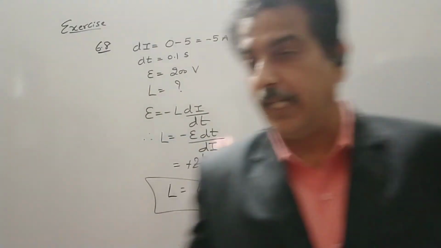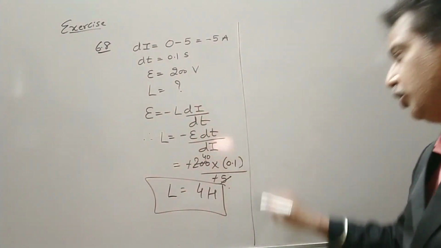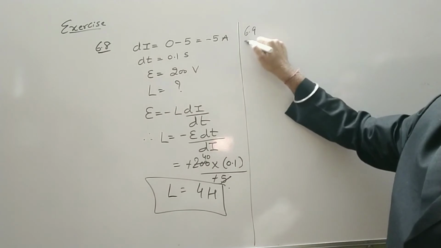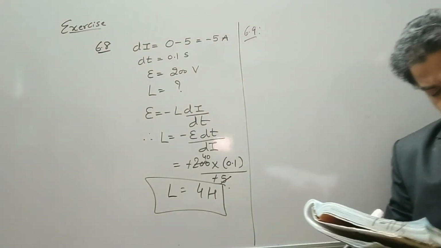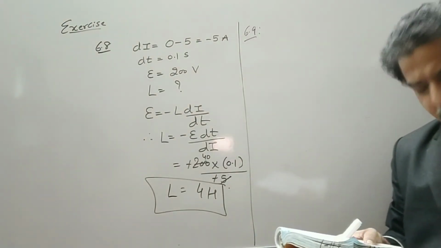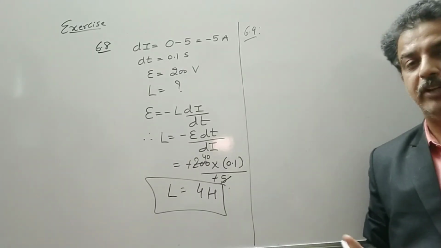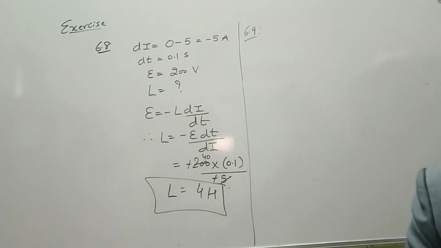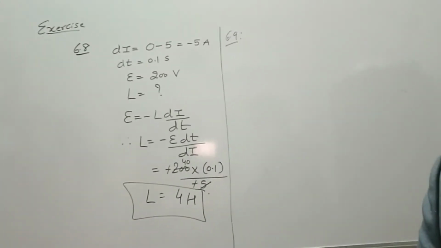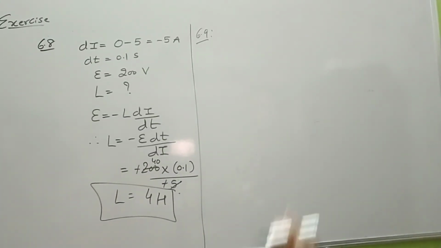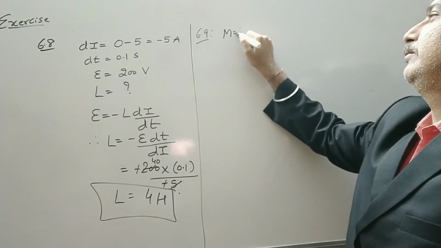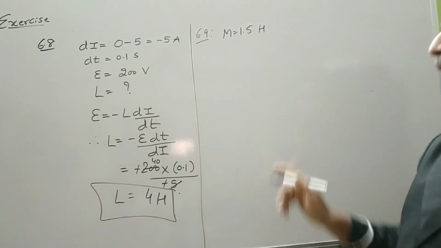Question number 6.9. So this is an MCQ based question. A pair of adjacent coils has a mutual inductance of 1.5 Henry. Now we have a system of two coils, that is, mutual inductance is 1.5 Henry.